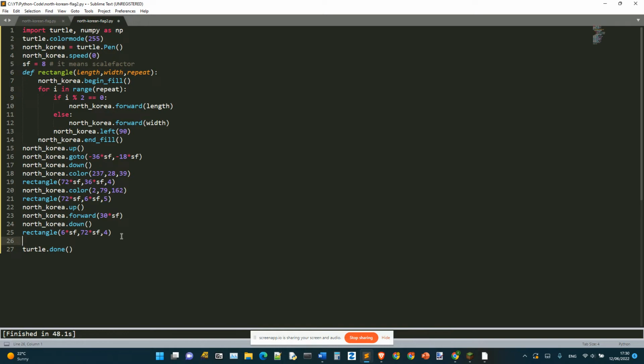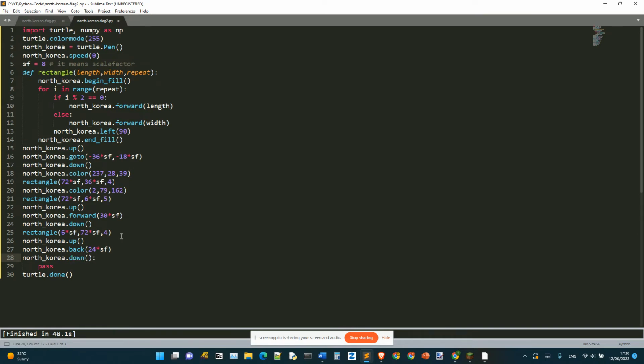But not yet done. We need to draw the white stripes in now. So North Korea dot up, North Korea dot back. So that's going to be 24 times SF. North Korea dot down.